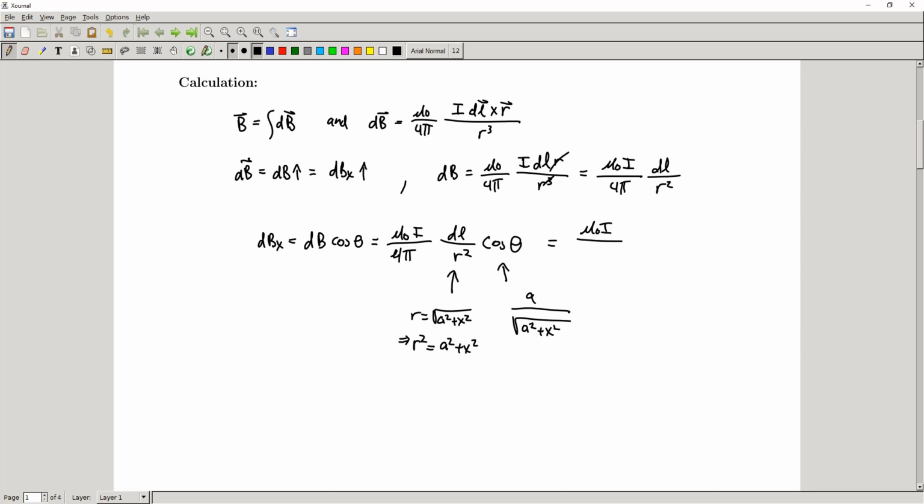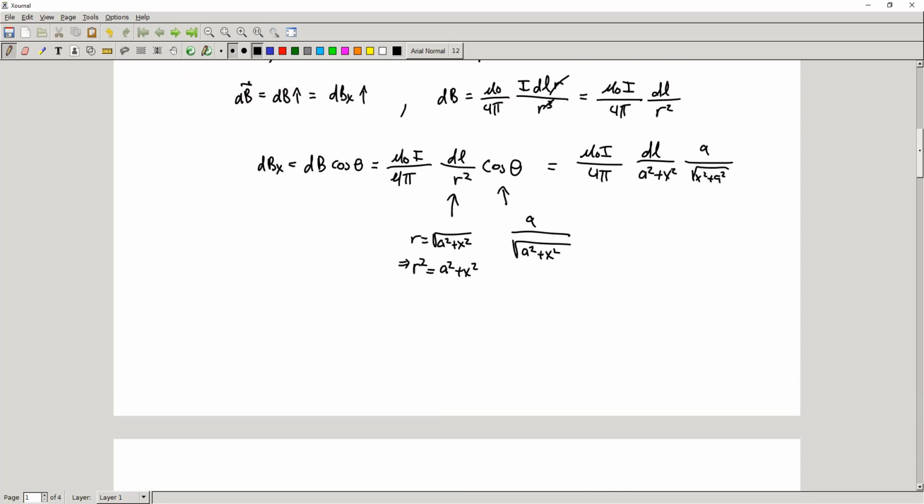So mu naught I over 4 pi, then we have dl over a squared plus x squared, and then we have a over square root x squared plus a squared. Okay, this can be cleaned up a little bit more, so I'll clean it up here, and I'm running out of space, but we should be okay. So our dBx is going to end up being mu naught I over 4 pi, and this is now just cleaning up this stuff here.